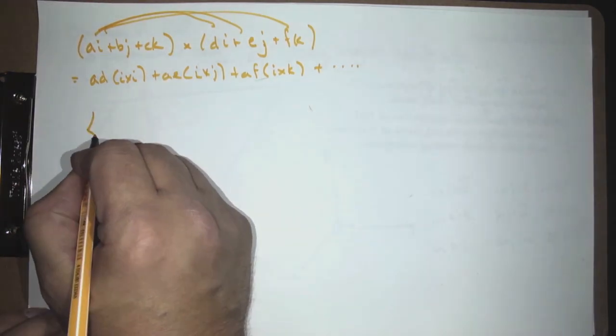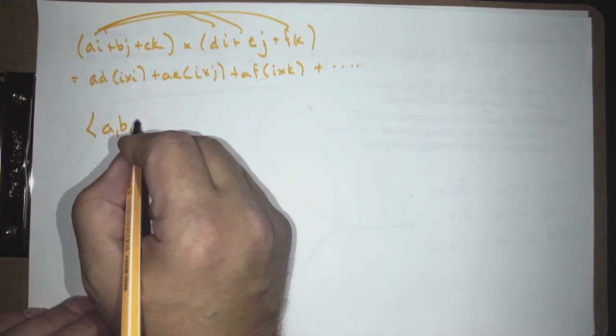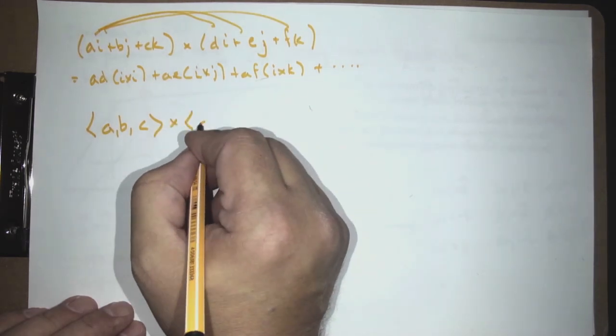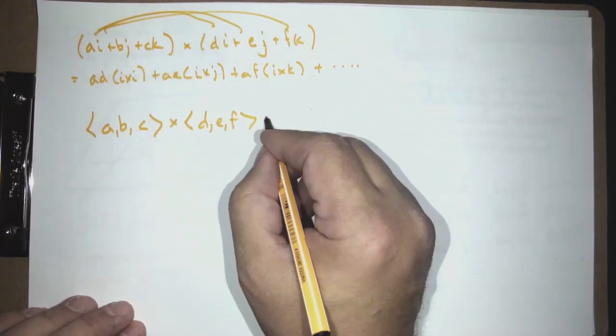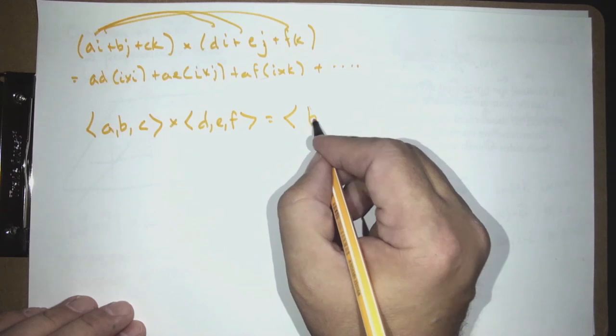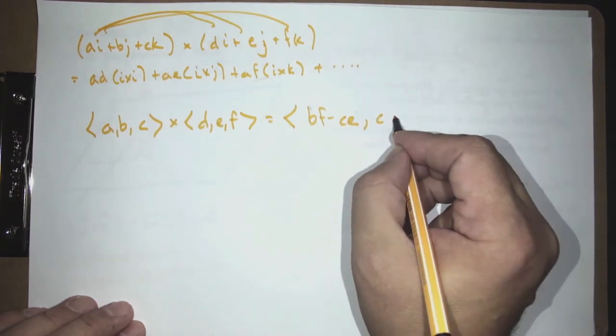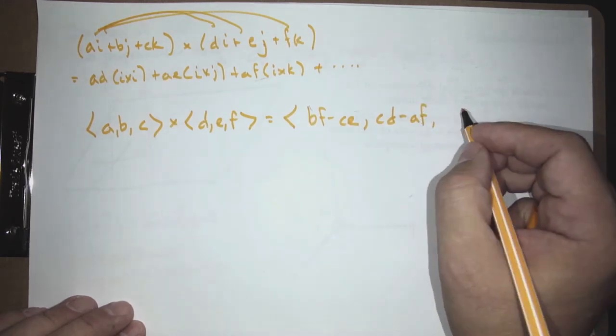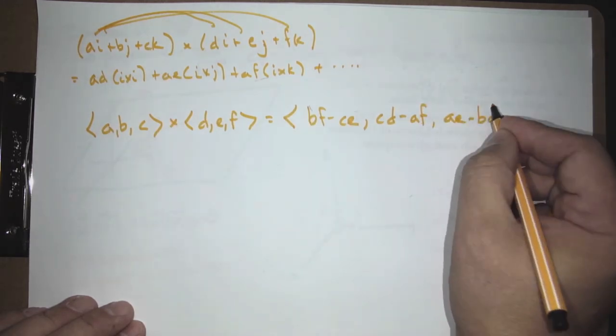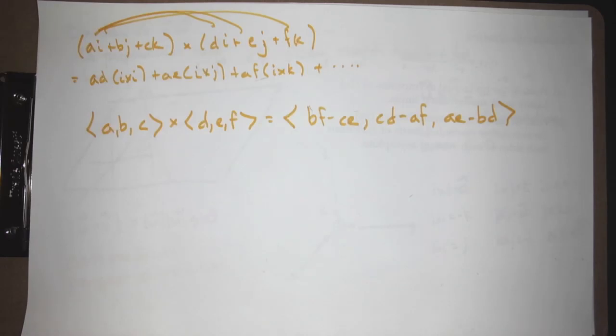So in particular, I like to write things in component forms. (a, b, c) cross (d, e, f) is equal to, and I don't have this memorized, but that's okay, you don't need to, (bf minus ce, cd minus af, ae minus bd). So this is a way to take a cross product if you memorize this formula, but don't memorize this formula because that's too hard to memorize. We're going to teach you a different way to do it. All right, but the punchline is there's a formula.